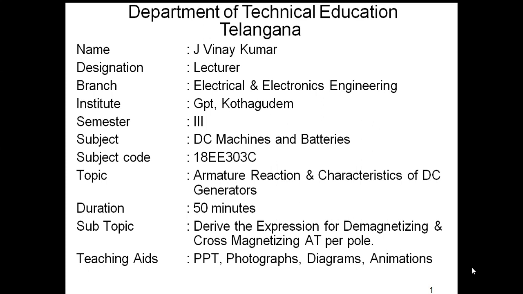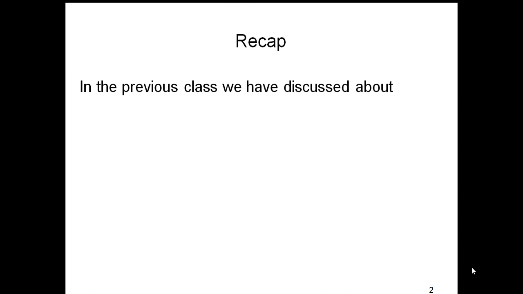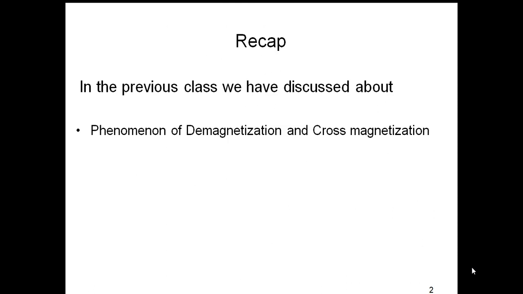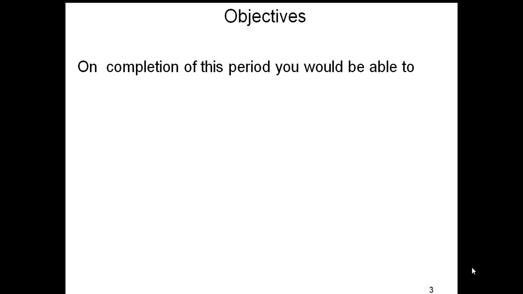Derive the expression for demagnetization and cross magnetization ampere turns per pole. In the previous class, we have discussed the phenomenon of demagnetization and cross magnetization.